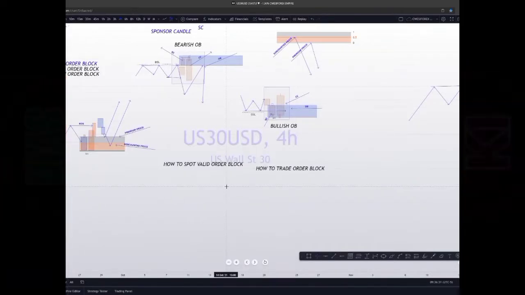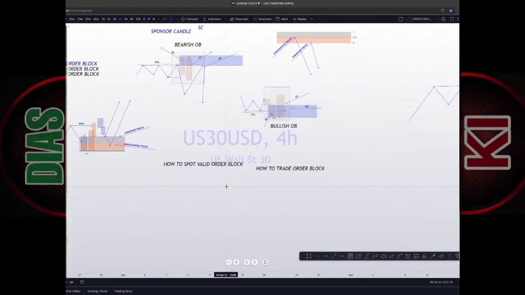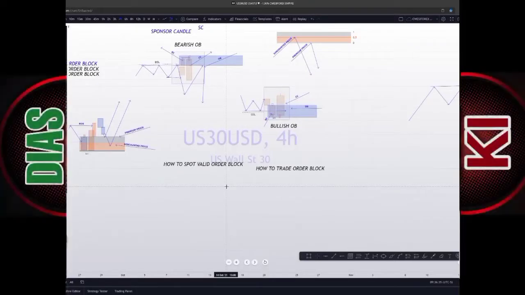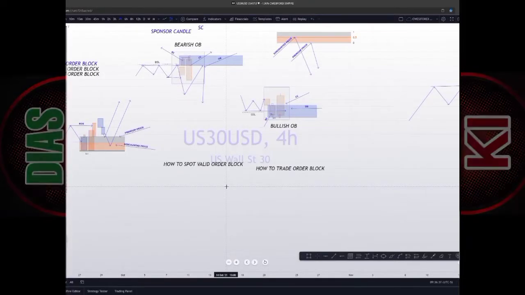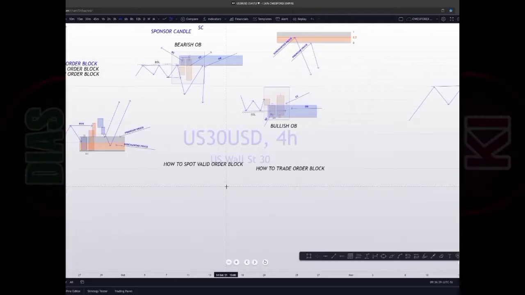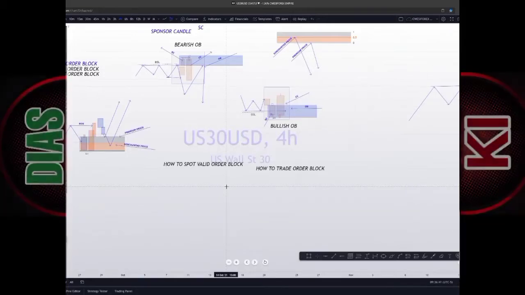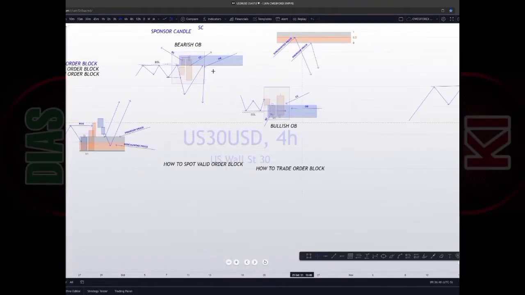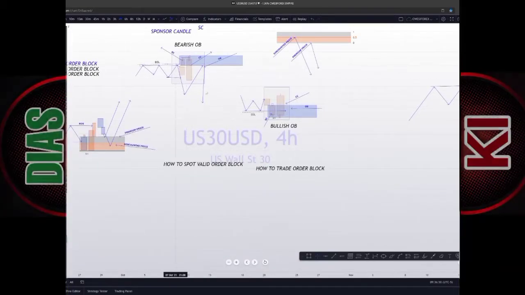A valid order block needs to take liquidity either from equal highs or equal lows, or it has to grab liquidity from another order block, or it takes the liquidity from an inefficient place, which we have already gone over. I'm just giving out the notes.